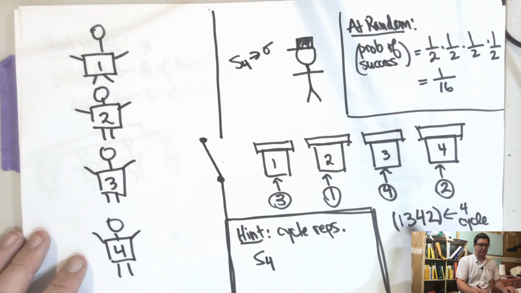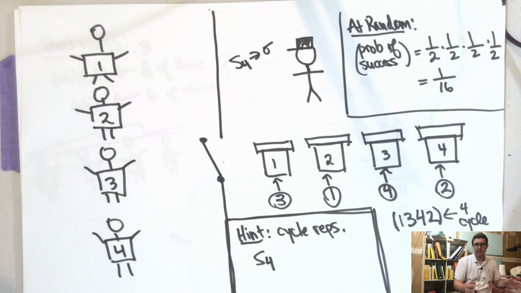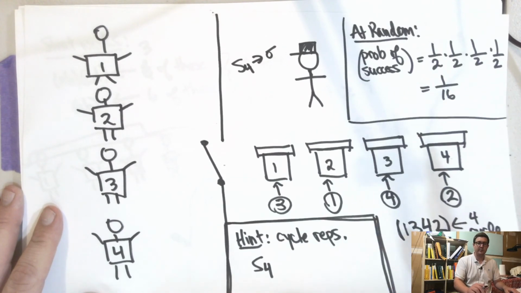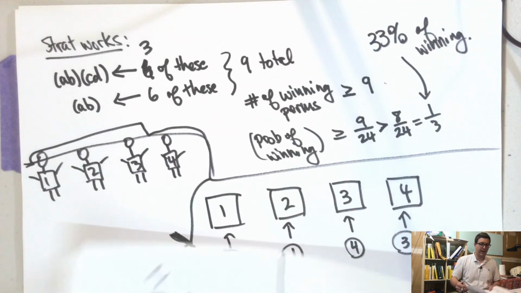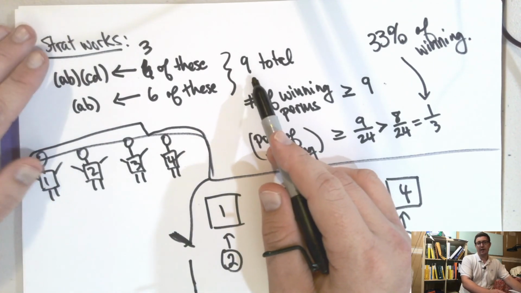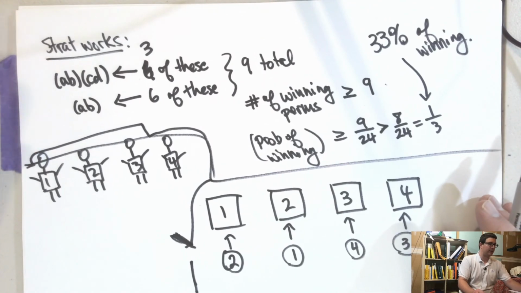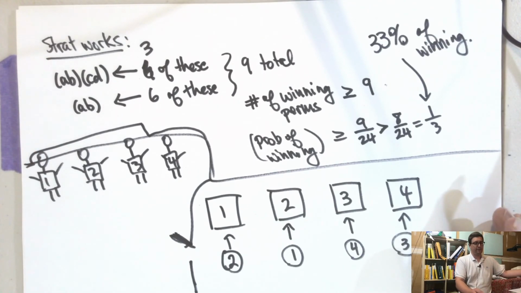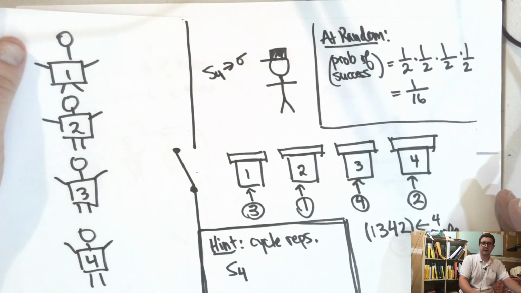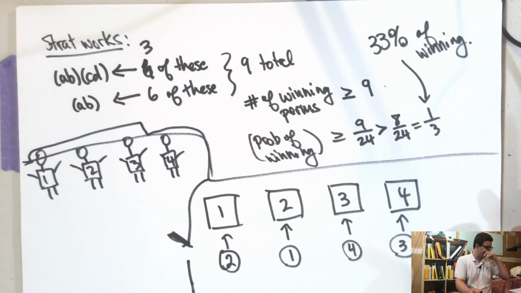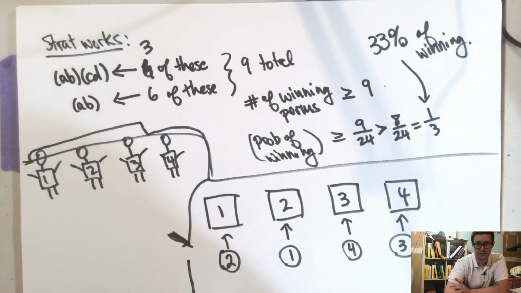So you're assuming that the permutation is genuinely random, and if it's genuinely random, then you'll have 9 possibilities of winning with this strategy, which gives you a 30% chance of winning, which is much better than 1/16. Okay, less than 10%. So yeah, that's the solution of the prisoner permutation problem.